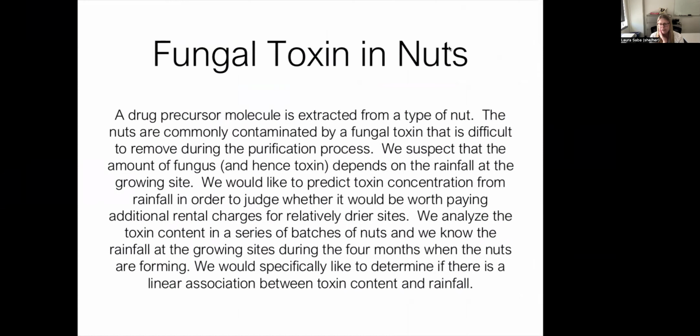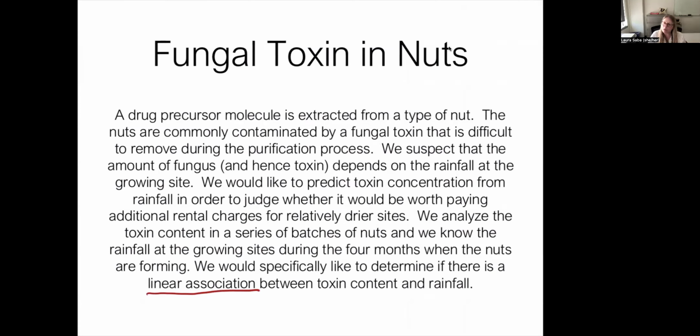And so if we can build a model that predicts how much toxin will be in this nut, then we can use it to evaluate new sites to determine whether the reduction in toxin is worth a heftier price, for instance. And so we're going to assume that there is a linear association between toxin content and rainfall.